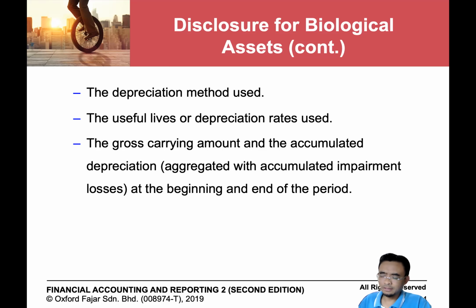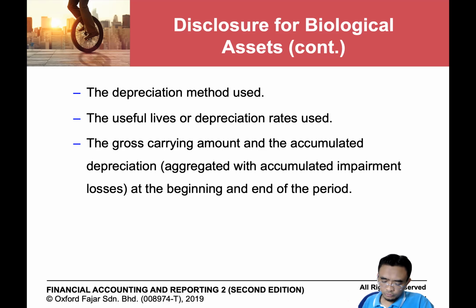So maknanya bukanlah sekali harvest pokok tu kena tebang, tak. So this is considered as bearer plant. So it will come under MFRS 116. The oil palm trees will be recognized as PPE. Right?